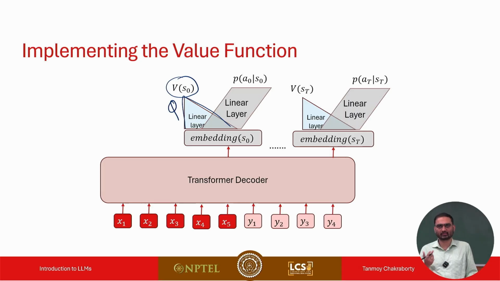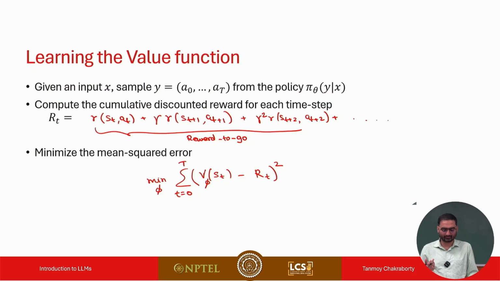Because we need some sort of objective function. So what is my objective function? Given the input x, we sample a response y from the policy model. I have this linear layer parameterized by phi, which is responsible for calculating the value. And what is my ground truth value?